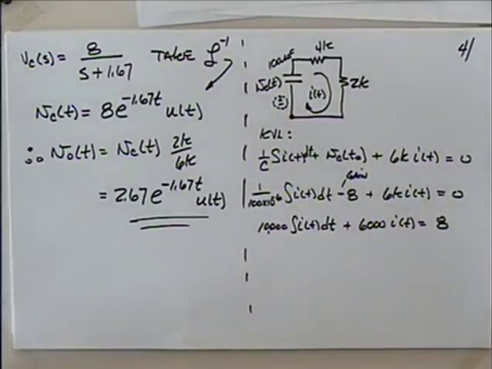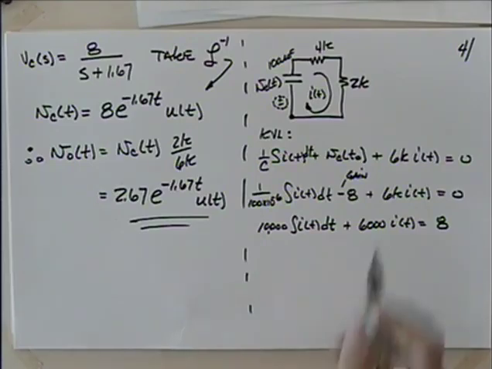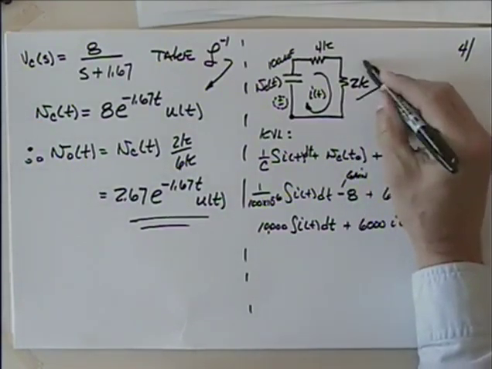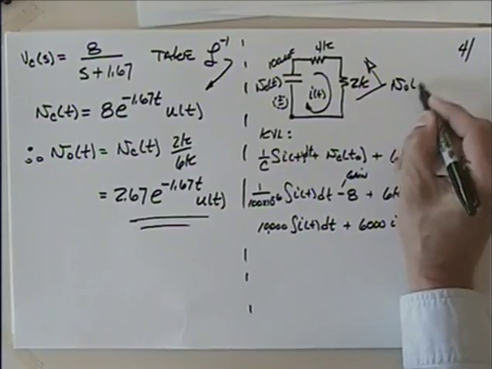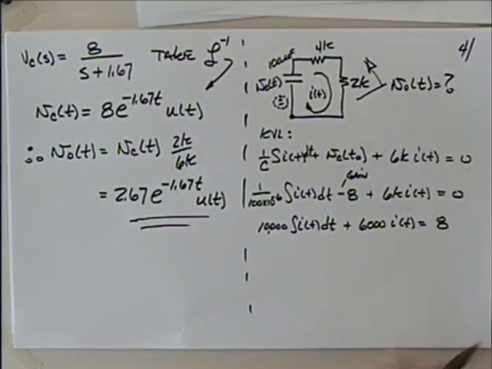Okay, so we're doing the same problem. I assumed my current differently. That should not concern us. We've done that. It's assuming current one way or the other. I'm solving now for the current, so I'm going to have to do a little manipulation once I get this current, because I'm still going to eventually find this voltage here. But we should be able to do this.